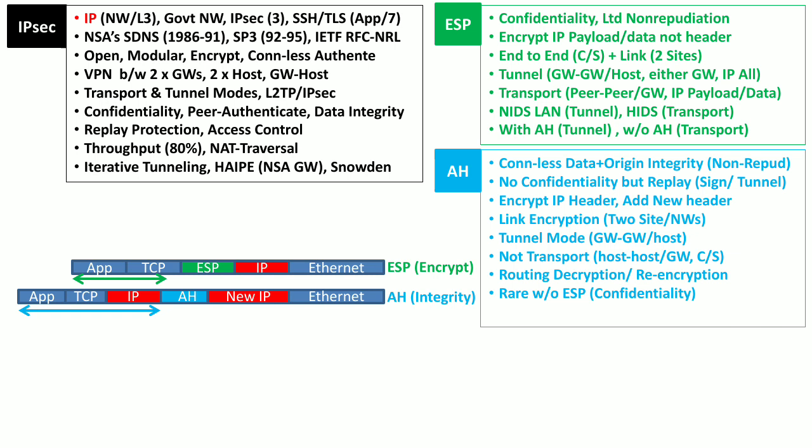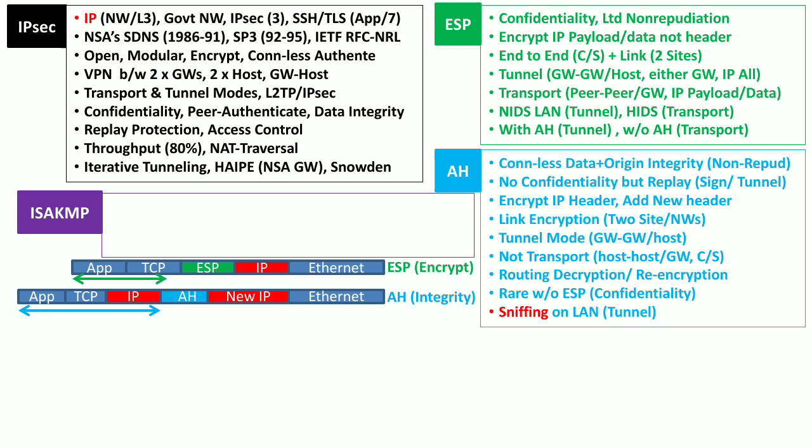And encapsulating security payload provides confidentiality to authentication header, and authentication header provides data integrity and source integrity. Now there is an issue of network sniffing on the LAN, since the tunnel is established between gateways. So after the tunnel is terminated at the gateway, the traffic can be sniffed by the hacker on the LAN.